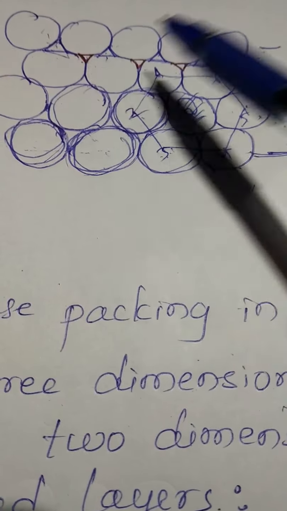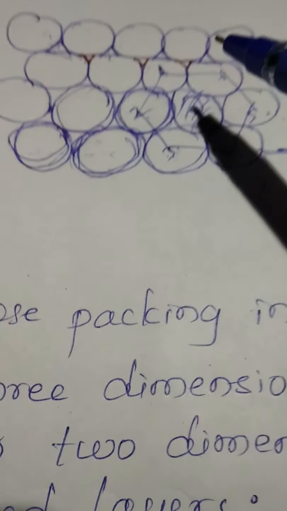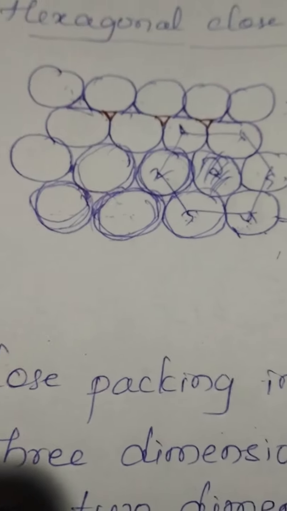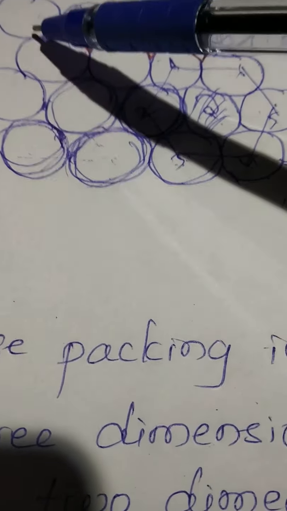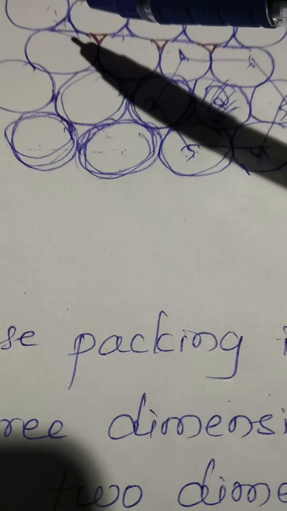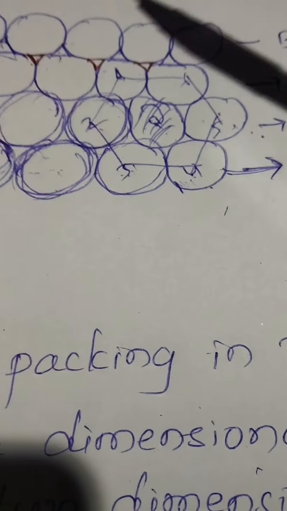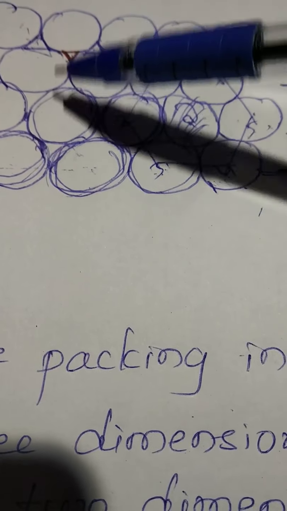These are called triangular voids because the shape is triangular. In the first row, the apex is pointing upward, and in the second row, the apex is pointing downward.